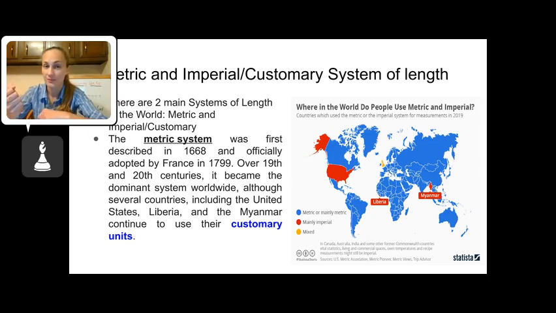What does it mean? For example, in Russia, people use millimeters, centimeters, meters, kilometers to find out the length. And in the United States or Liberia or Myanmar, people use inches, feet, and yards to find out the same information.